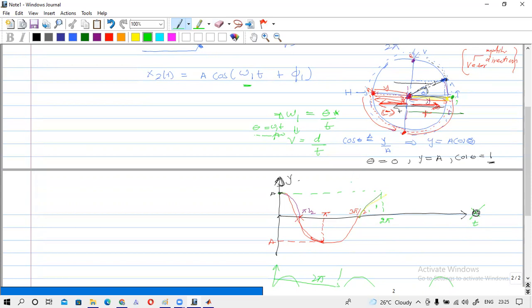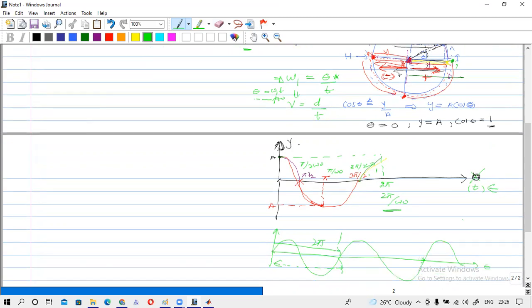Corresponding t values will be, as in the sine case, this point will be pi by 2 omega naught, this point pi by omega naught, this point 3 pi by 2 omega naught, and this point 2 pi by omega naught. Likewise we get it if we plot it with t.